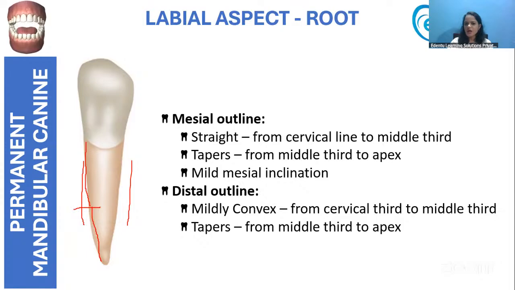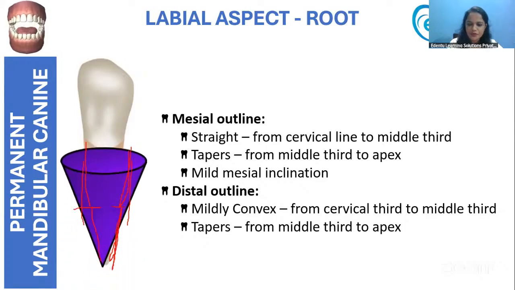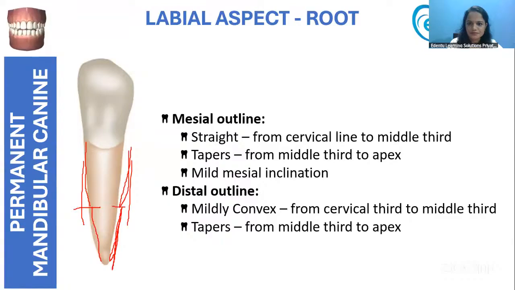The distal outline is also mildly convex from the cervical third to the middle third, and from the middle third it tapers. So this is the root aspect from the labial side, and it is also cone shaped in nature.